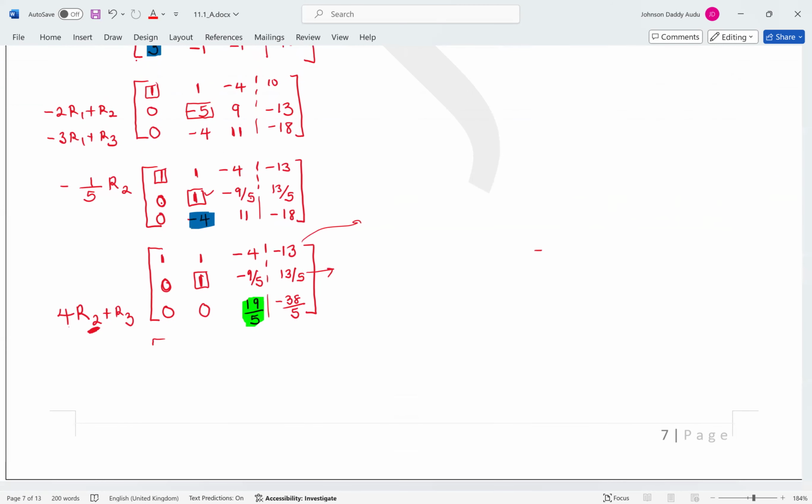So it's going to be 5 over 19 R3. And that will make this 0, 0, 1. And here you have 5 over 19 times what? Minus 38 over 5. 5 will cancel 5. 38 divided by 19 is 2. But there is a minus, so you have minus 2.